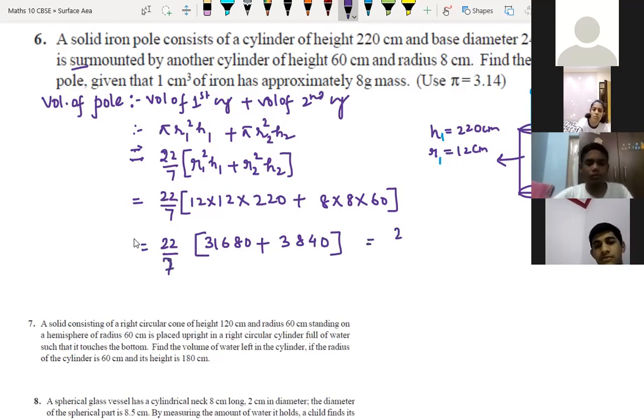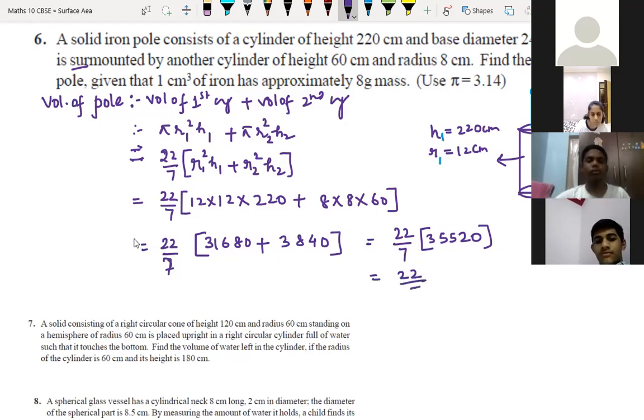So we can write 22 by 7 multiplied by 35520. Then you can do 35520 and here 7 you just divide.